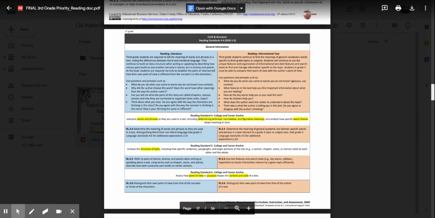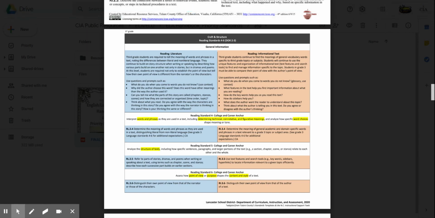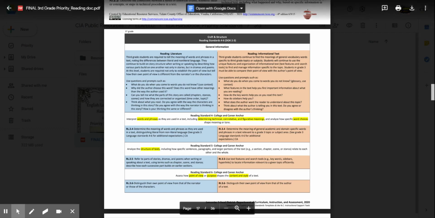So our craft and structure standards 4 through 6 are written to basically focus the reader's attention on the choices that the author made while crafting and structuring the text. All right, so we look at word choice, we look at point of view, those types of things. We look at structure. It may be cause and effect or problem solution. So the way that the text is built is what we're focusing on in these 3 standards, standards 4, 5, and 6, and we call those our craft and structure standards.